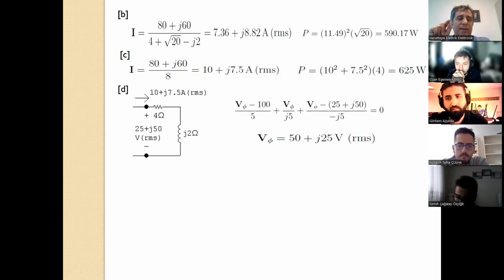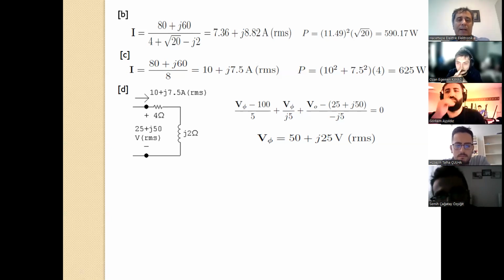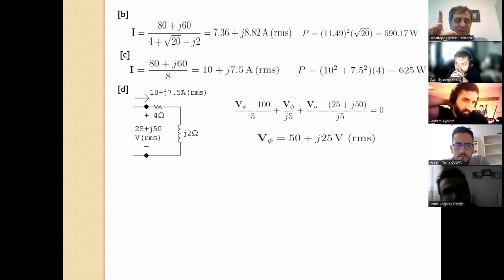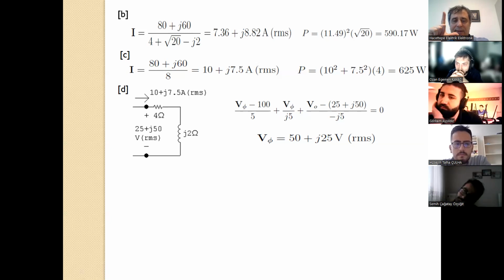Once you calculate that, you can calculate all currents in the circuit. When you are able to calculate all currents, you have to calculate two currents critically: one on the dependent source, one on the independent source, because there are only two sources that can generate the average power.